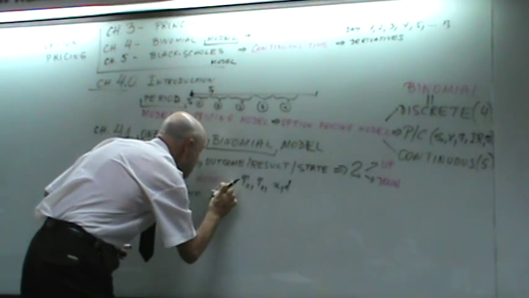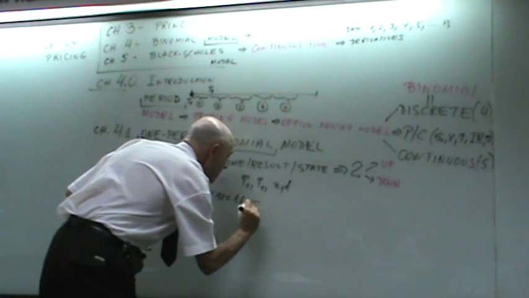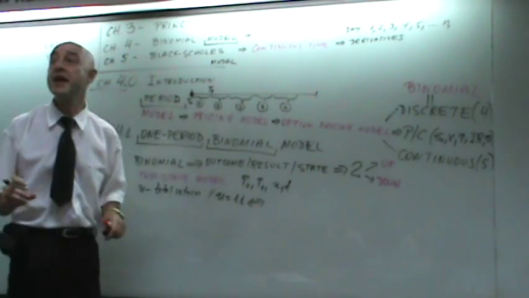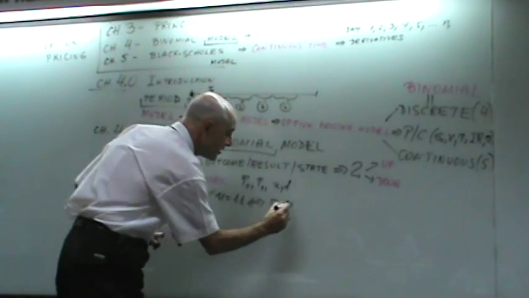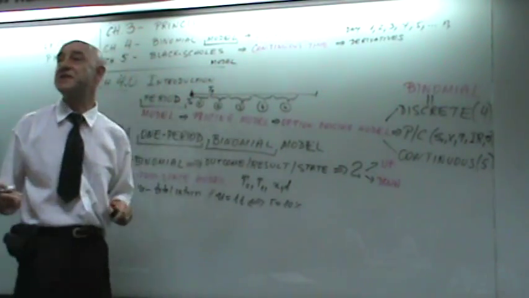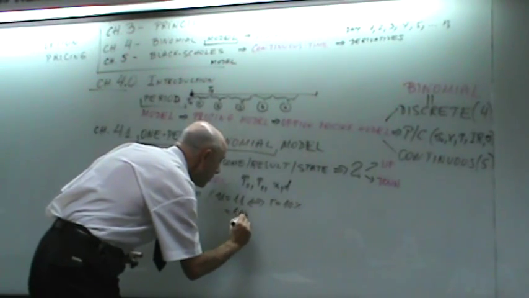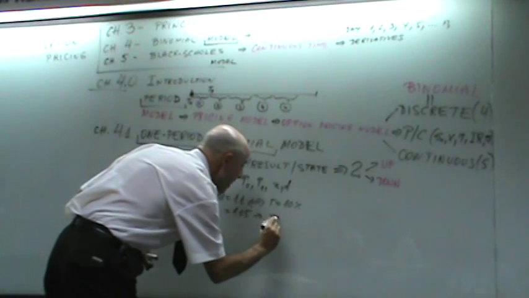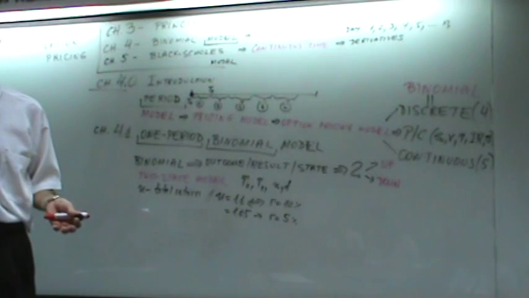So U equal to 1.1 is the same as a return of 10%. And U equal to 1.05 is the same as 5%, okay?